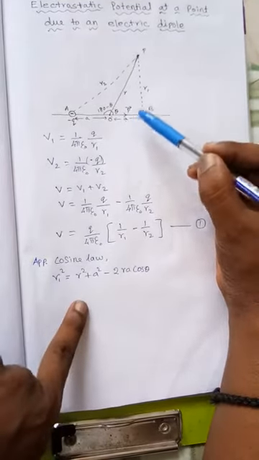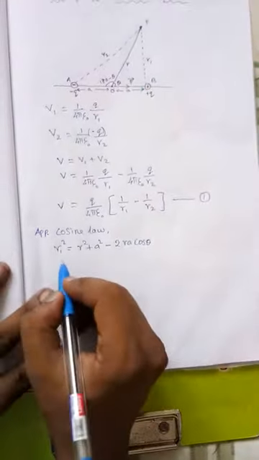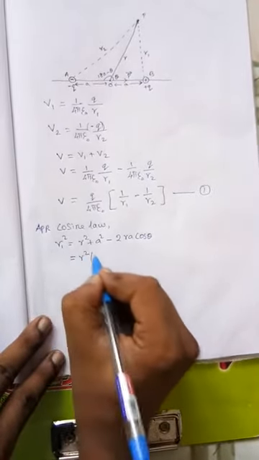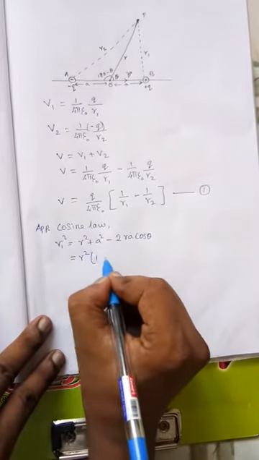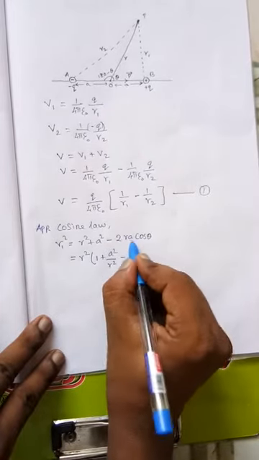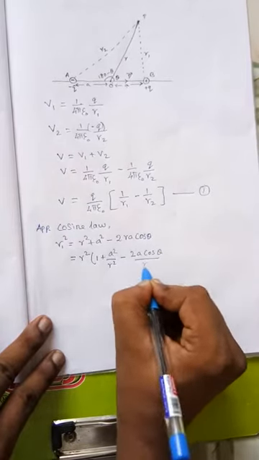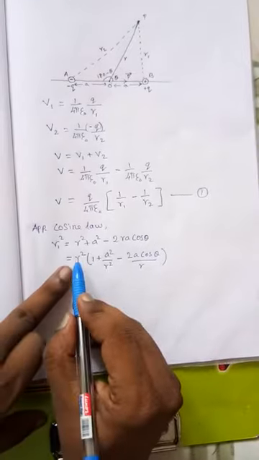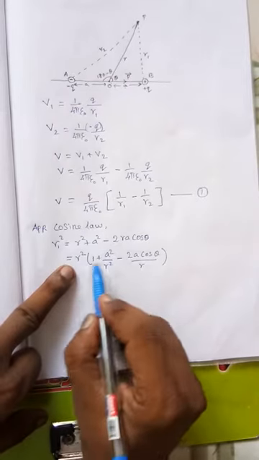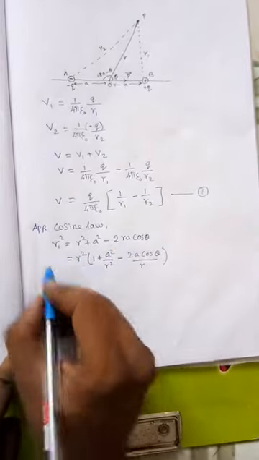It's the cosine formula, 2RA cos theta. Now take R square outside: 1, and since there is no R square in the others, divide by R square, giving A square by R square, minus 2A cos theta by R. If you multiply inside, R square into 1, R square into A square by R square, R square cancels, A square. R square into 2A cos theta by R, one R cancels, 2RA cos theta. So there is no change in value.